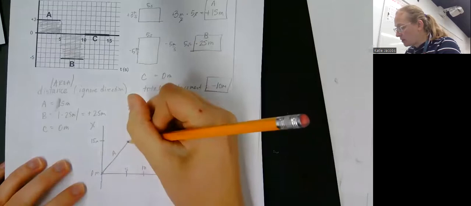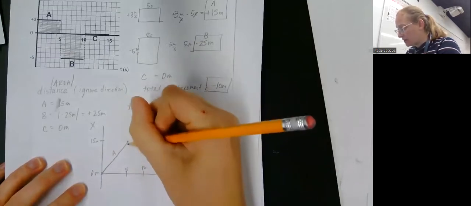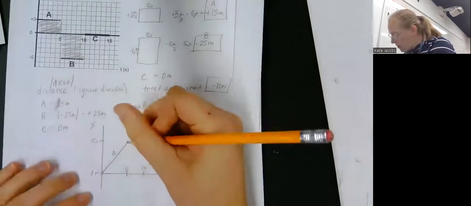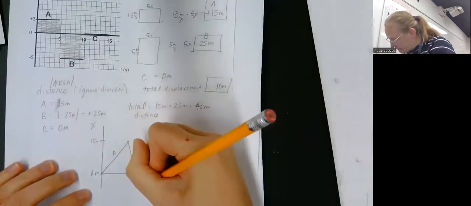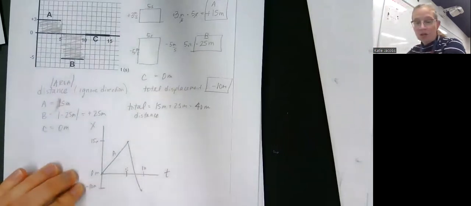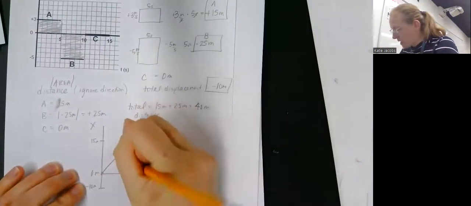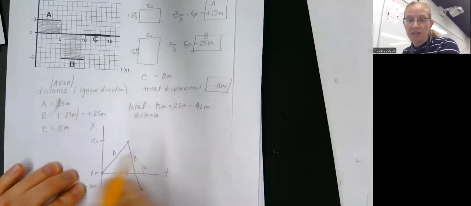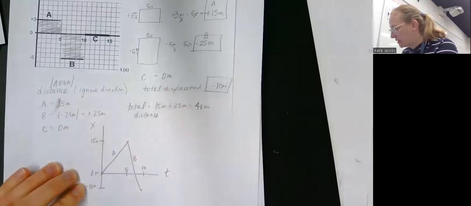So that means I'm going to go down past 0. This would be negative 15, and then I should end up way below 0 down here at negative 10 meters. Because from 15 to negative 10 is a displacement of negative 25 meters.